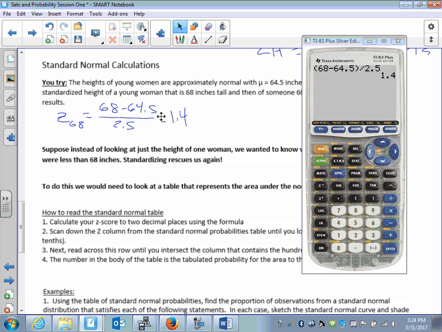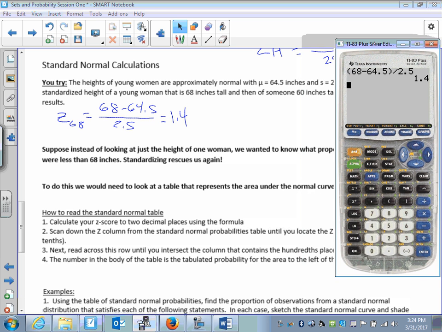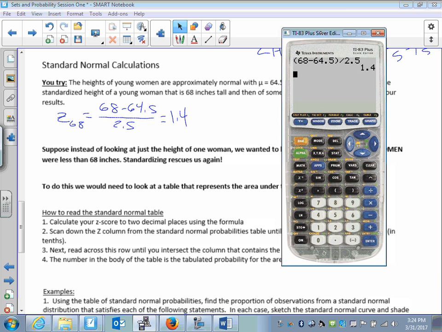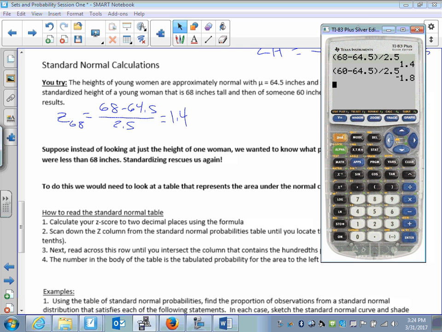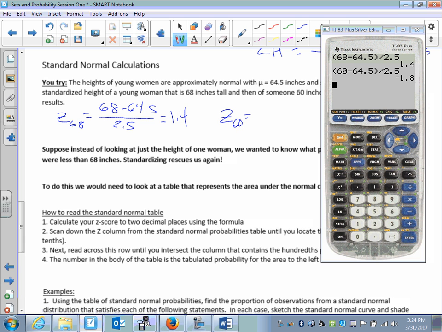Now, a 60-inch tall person, so that's going to be 60 minus 64.5 over 2.5, and that gives us negative 1.8. So the z of someone with a height of 60 is going to be negative 1.8.